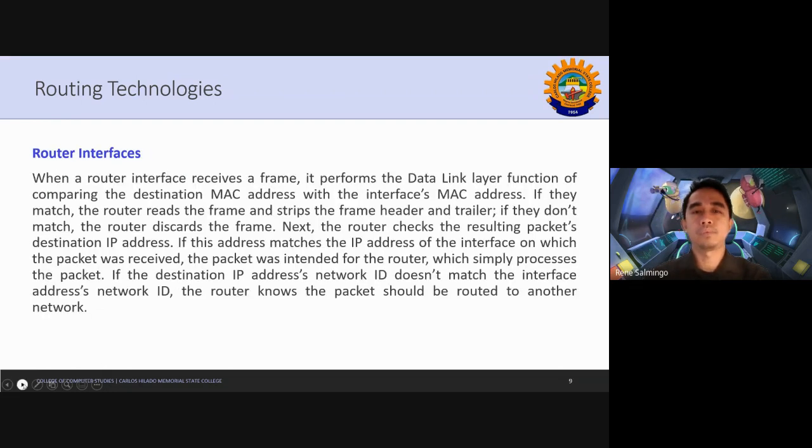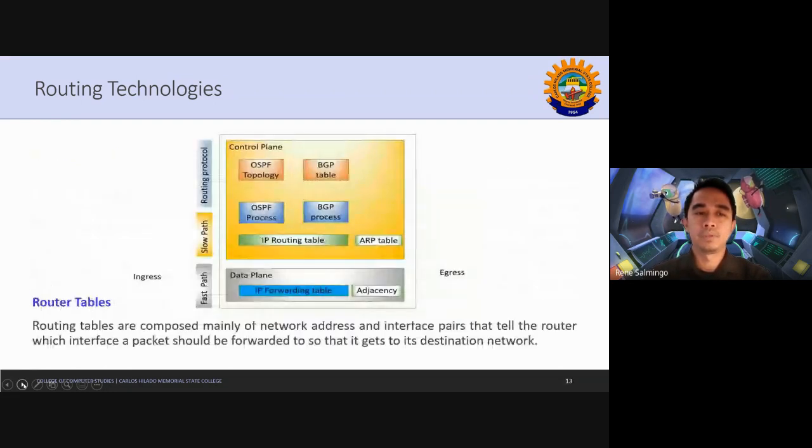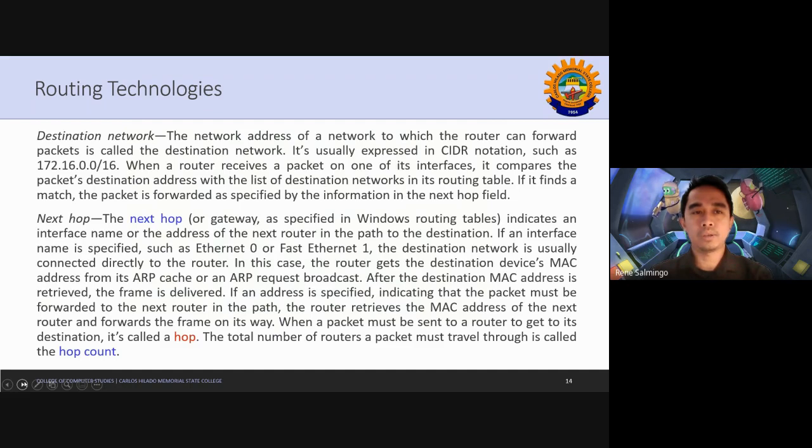So, here are some of the diagrams from last time on how a router is able to route, and we have routing technologies.